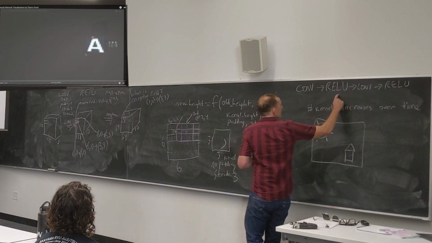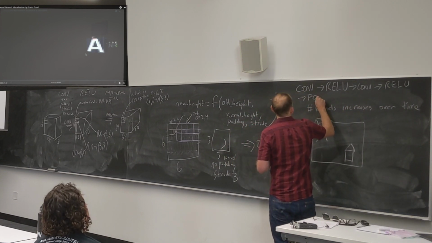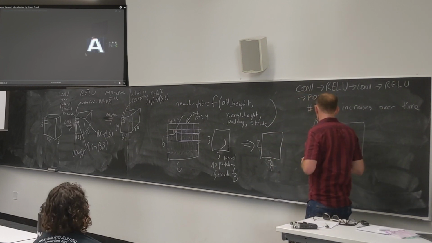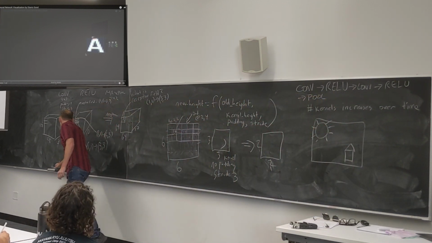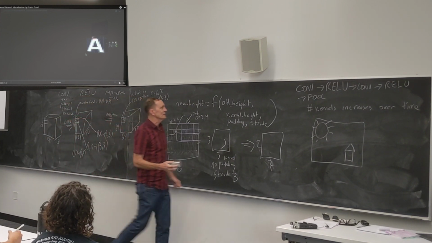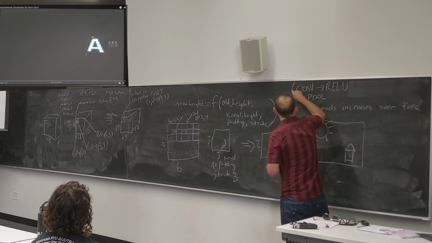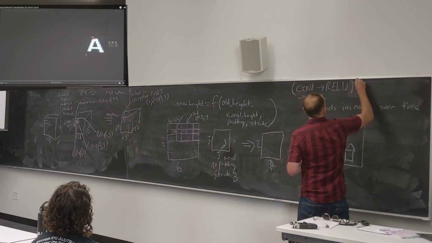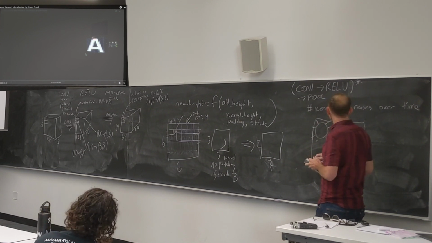Convolution, ReLU, and then we'll have a pool. And really what it often looks like is this, if I use regular expression syntax: convolution ReLU repeated once or more. I guess theoretically that should be a plus in regular expression syntax.